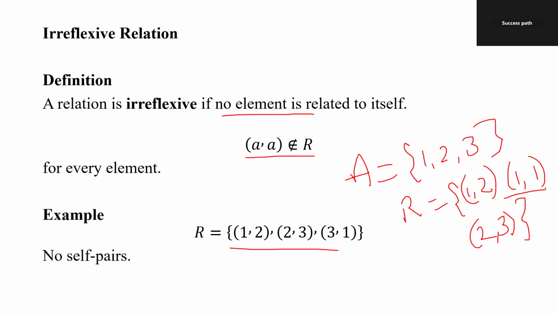No self pair is allowed. So (1, 2), (2, 3), (3, 1) is allowed. If we put (1, 1) or (2, 2), it won't be allowed. This is called irreflexive.